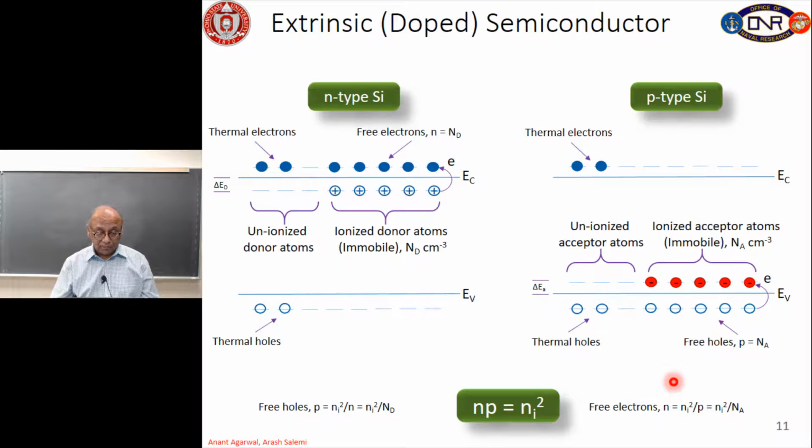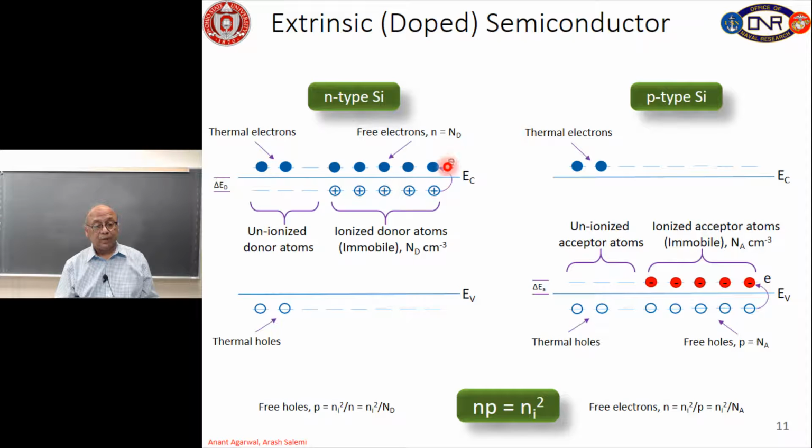So, if you remember this slide from the previous lectures, we had donor atoms for N-type silicon, and these donors were able to give up their electron to the conduction band, because this energy was very, very small.